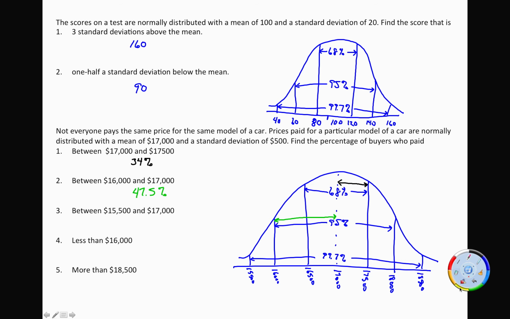And let's try between 15,500 and 17,000. Well, here's 15,500 and 17,000. That's half of my 99.7. So 99.7 divided by 2, 49.85%.